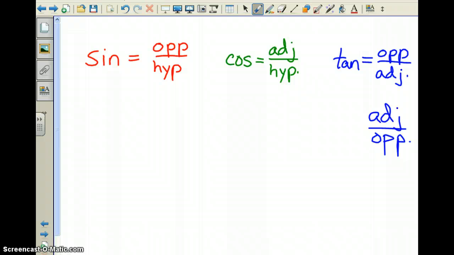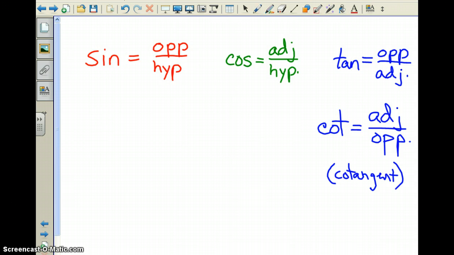So the name for adjacent divided by opposite is cotangent, which we abbreviate as cot. And that's easy enough to remember that tangent and cotangent are the reciprocals of each other.